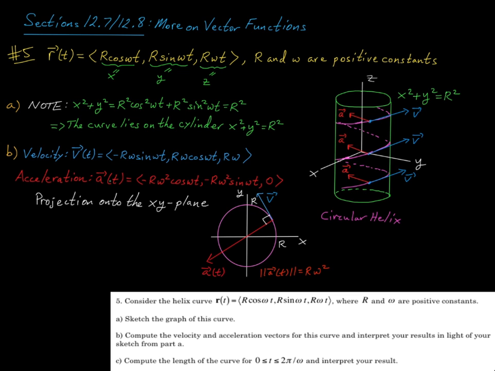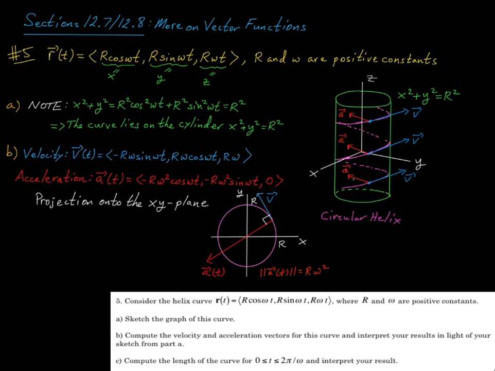So if I look at everything projected on the xy plane, what that implies is that the projected acceleration vector will point in the direction opposite to our projected position vector, and so in turn our acceleration vector when projected on the xy plane will point directly towards the center of this circle. That's really similar to what we saw in problem number 3 with the circular staircase.